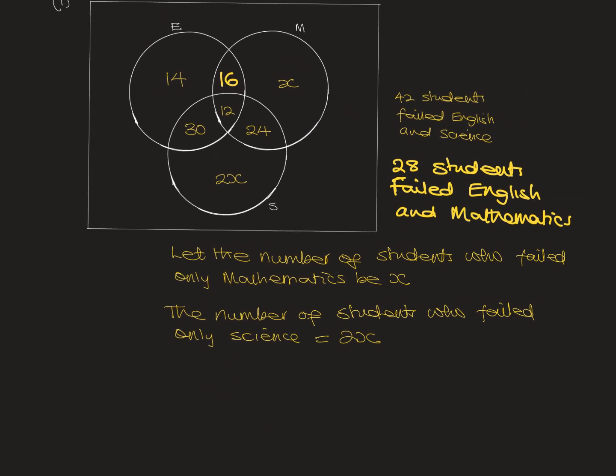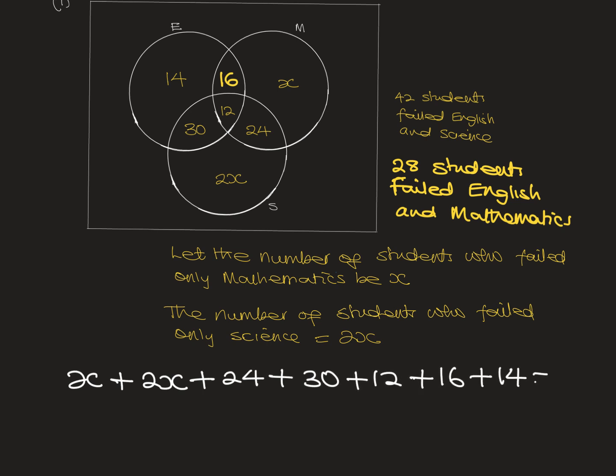We can say X plus 2X plus 24 plus 30 plus 12 plus 16 plus 14 is equal to 150 students as the total number of students who have failed.